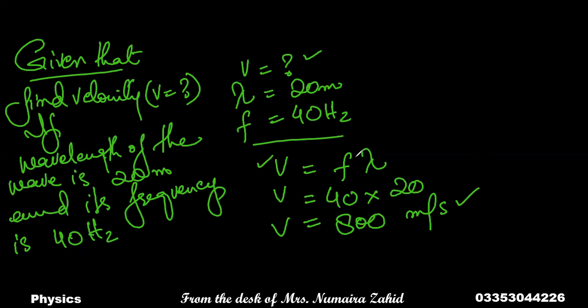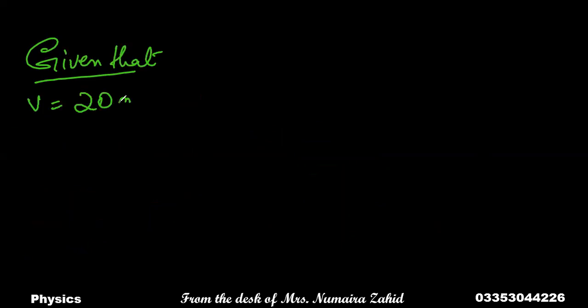So from this relation, we are able to find the velocity of a wave if we know the frequency and wavelength. But we can also find frequency in another situation. If the velocity of a wave is 20 meters per second, find its frequency if its wavelength is 10 meters.